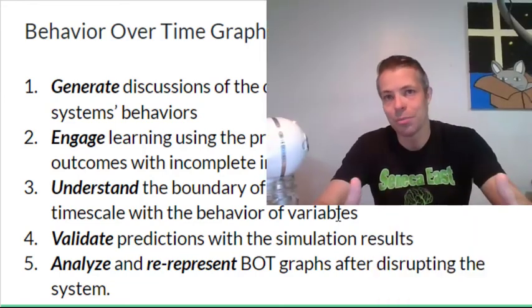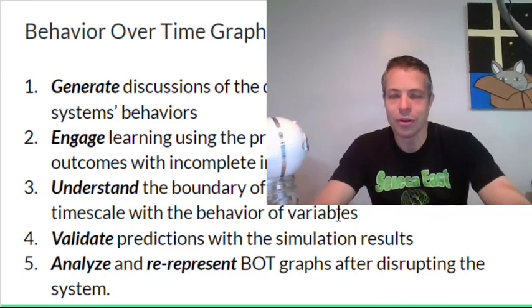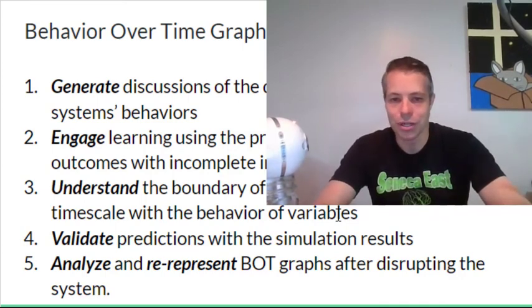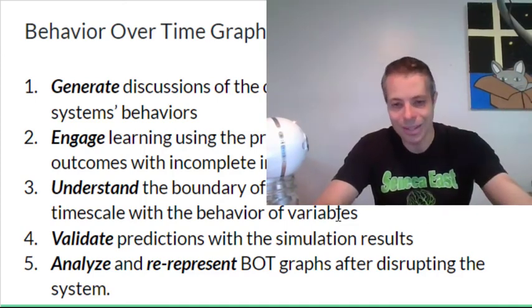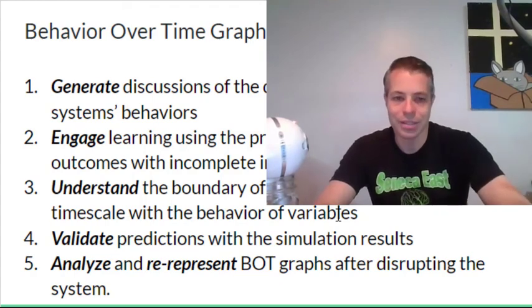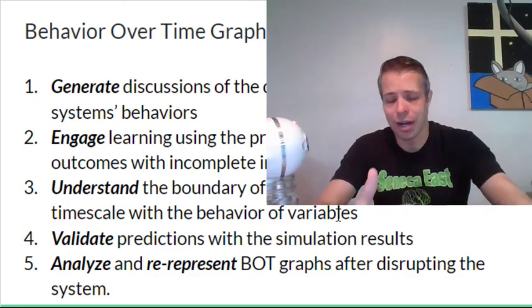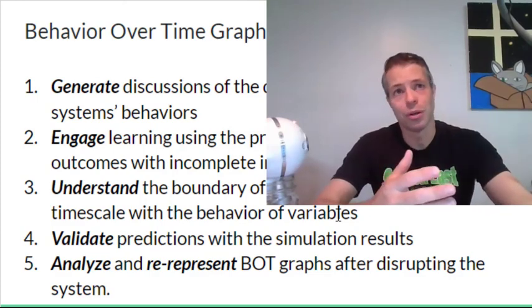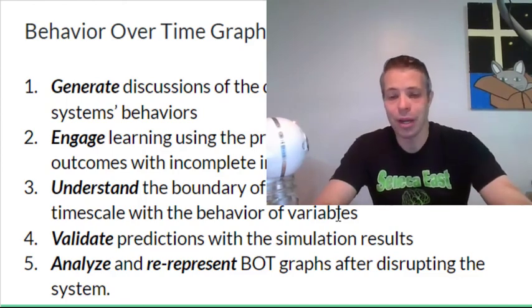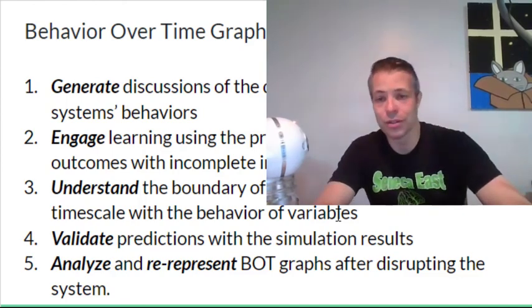Also, once you run the simulation, you can validate their predictions. So they made a prediction, then you can run the simulation and validate their predictions against the simulation's results. And lastly, you can use different concrete models to have students draw and compare what's happening under different parameters.